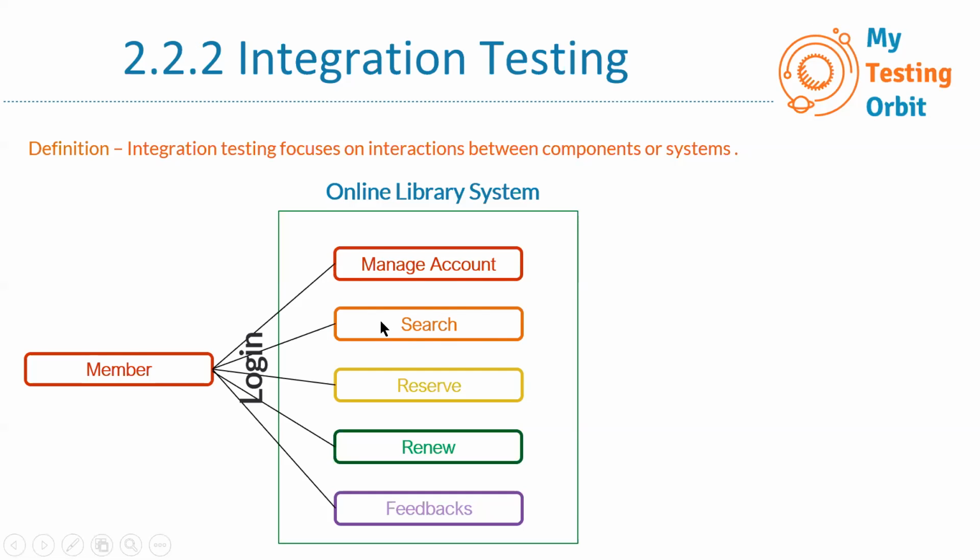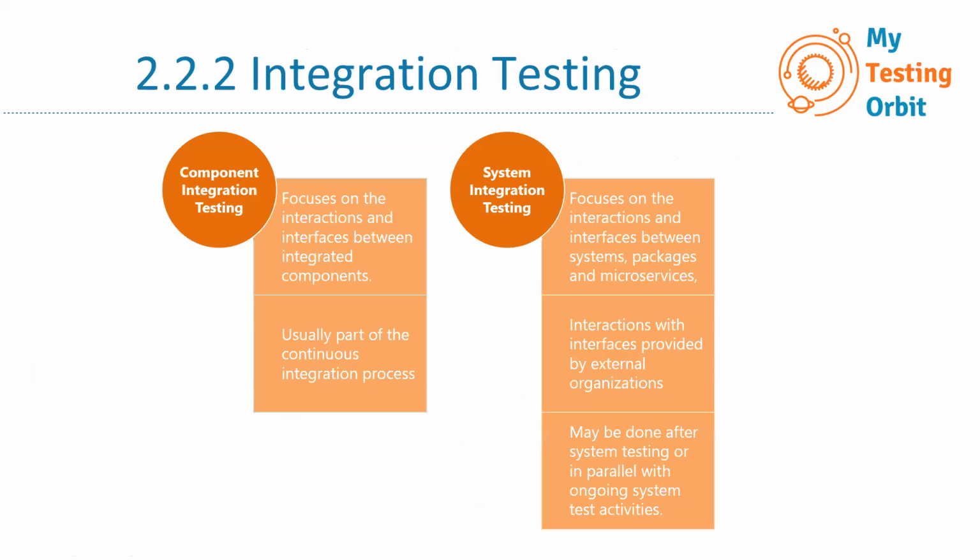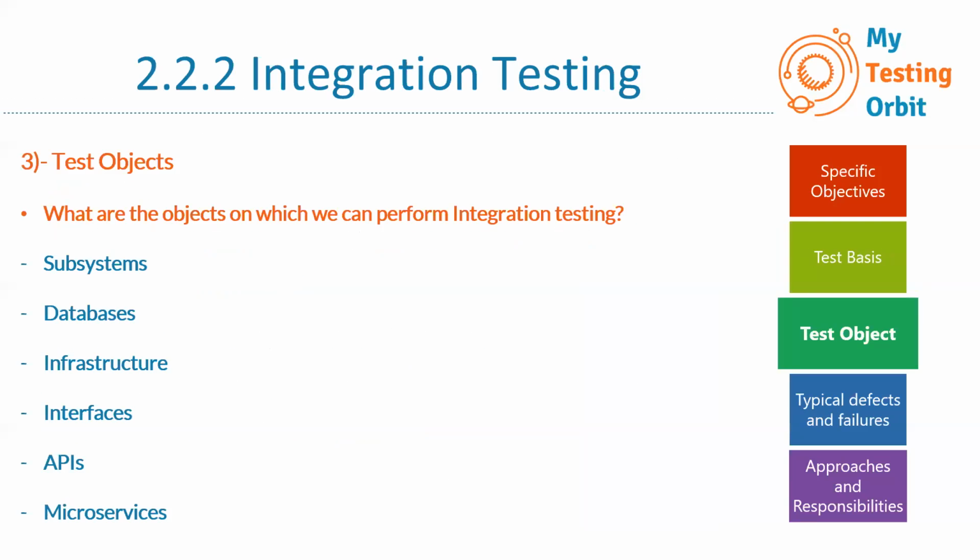We don't need to wait until we develop reserve, renew, or feedback. We have a subsystem already, and we can begin our integration testing. Later on, maybe reserve can be added, and then we have to perform integration testing on all three. So that's how subsystems are defined.